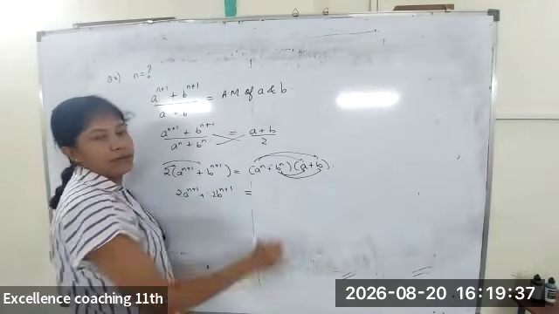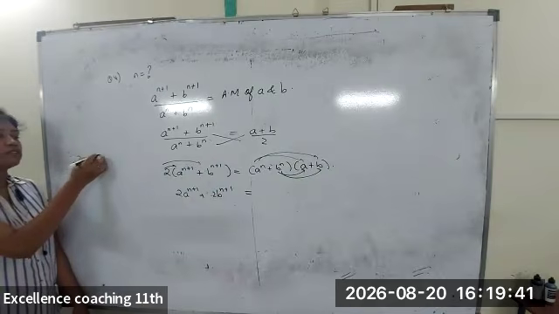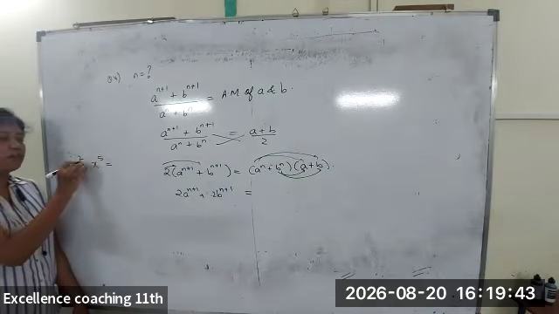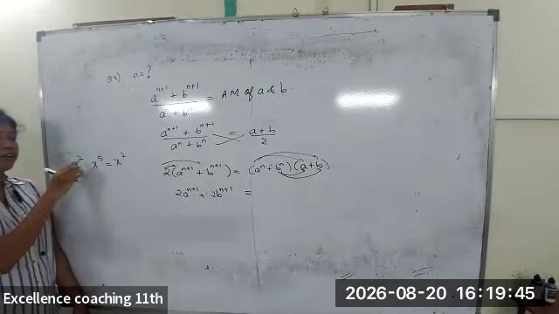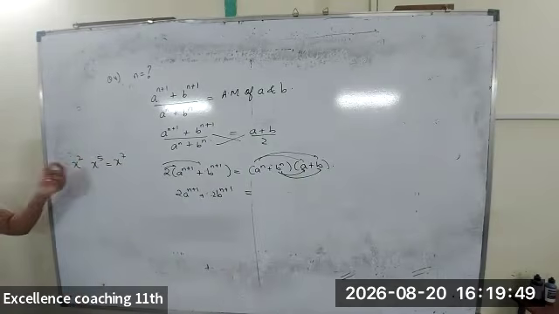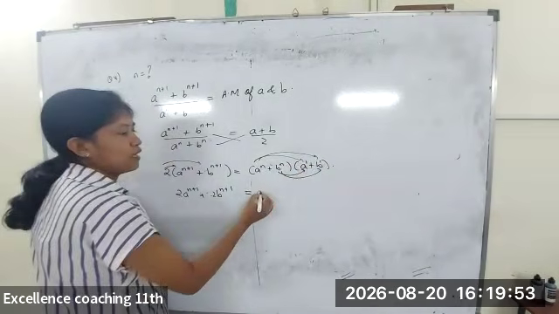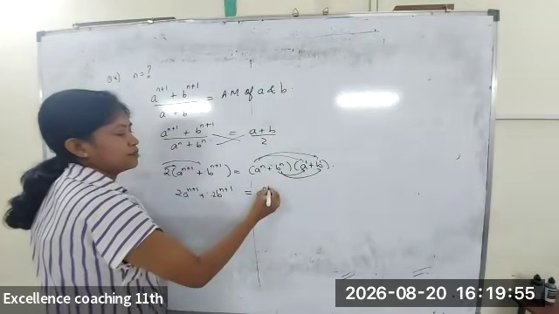Now a raised to n into a raised to a. Suppose you have x square into x raised to 5, what do you get normally? x raised to 7. How do you get x raised to 7? Always powers get added whenever the base is the same. So the base is the same. If the power is nothing, it means it is 1. So you'll get a raised to n plus 1.